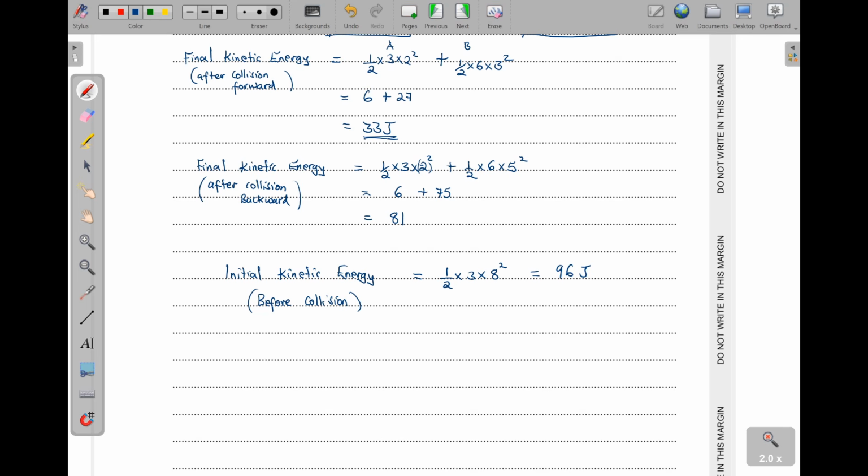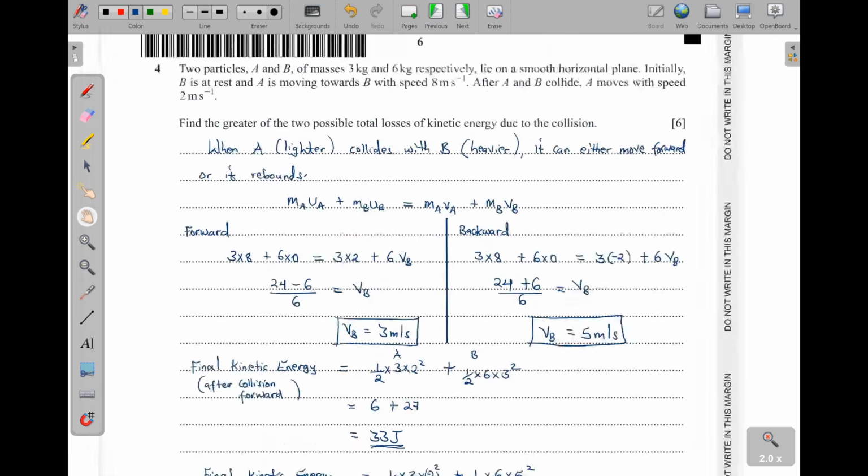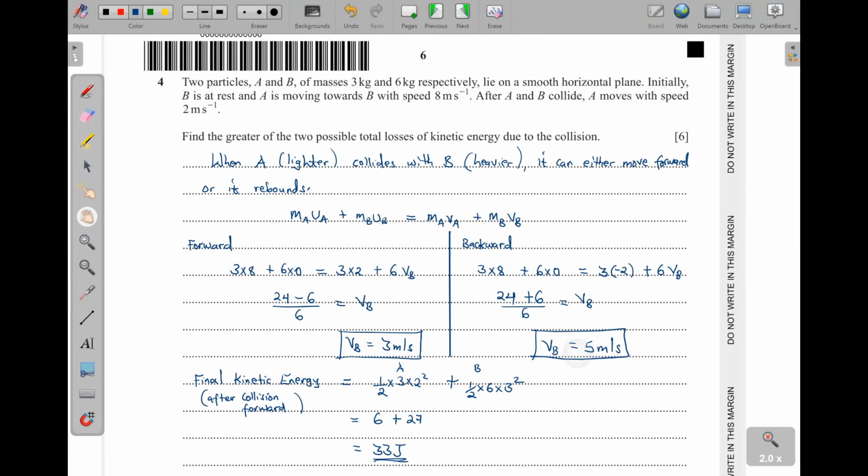Now, I'm supposed to get this 96, and then I subtract this 81, or 96 minus 33, and then we get, they said, the greater of the two.